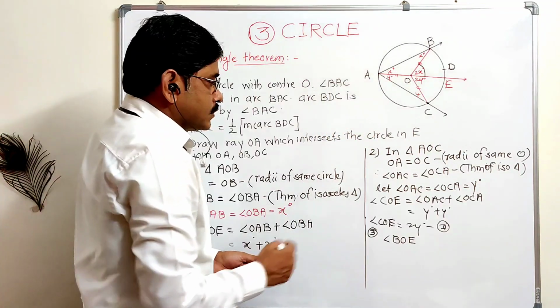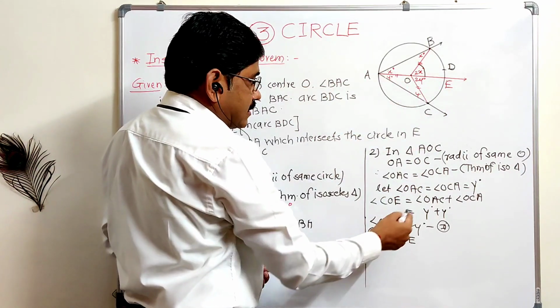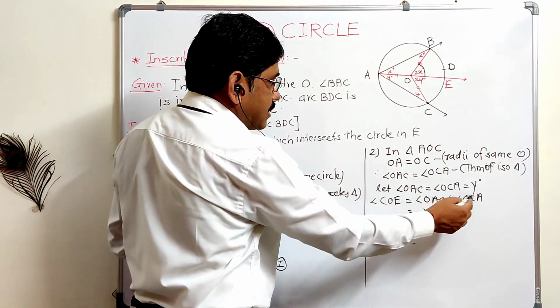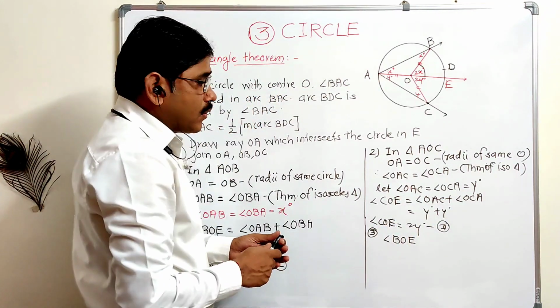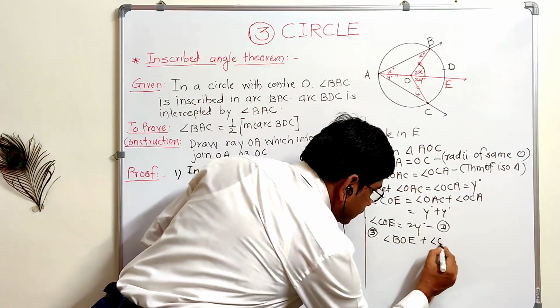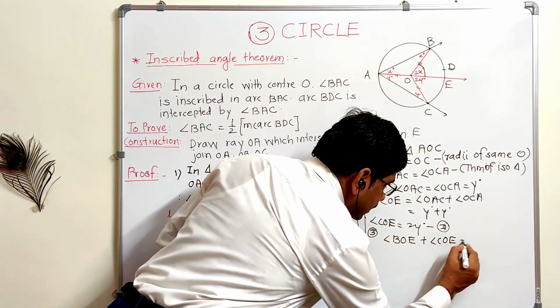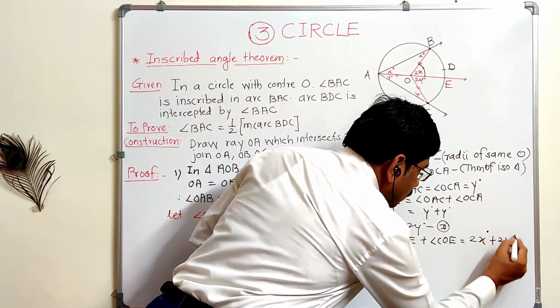Then COE is an exterior angle of triangle AOC. Therefore COE is equal to OAC plus OCA, y plus y degree. So COE is 2y degree. Now add this 1 and 2. BOE plus angle COE is equal to 2x degree plus 2y degree.